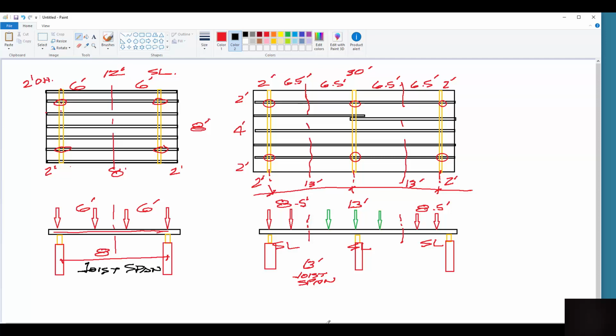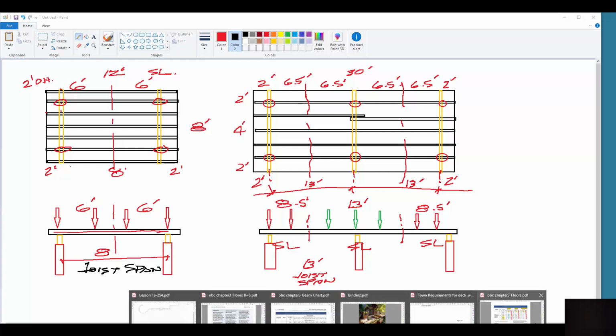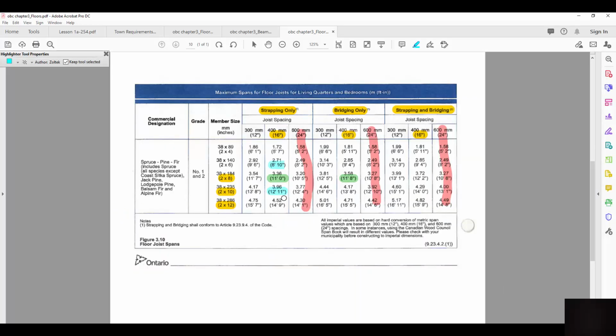Let's see how that affects our Ontario Building Code. So I'm going to slide back to that. 13 feet versus 15 feet. So on this page here, I'm simply going to undo those two numbers. And let's take a look at 13 feet, which would be this one, versus 15 feet.